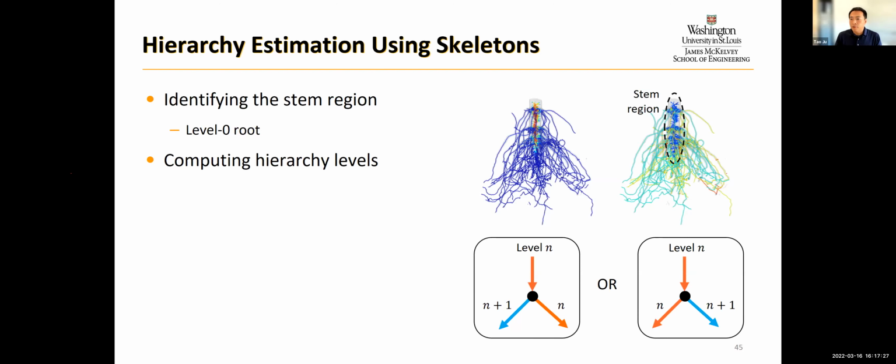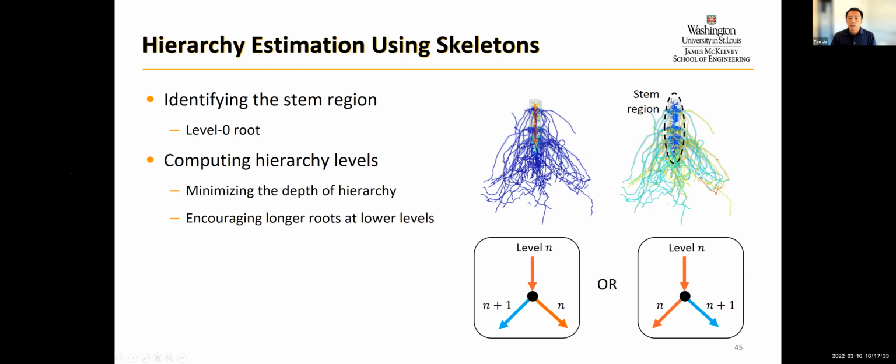Now, this is a very ill-posed problem. We don't have much information about which outgoing edge we pick. This is where we consult with biologists and ask, what do you think? What are the rules that should govern the hierarchy? They told us two things. One is that usually the maximum level of any root is not large, so we want to minimize the depth of the hierarchy.